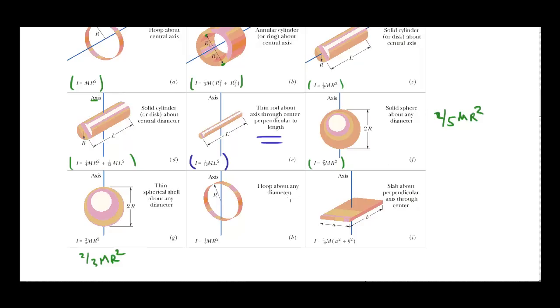The hoop here is the same hoop that we had before, but now we're rotating about this axis. And we get 1/2 m r squared. And then finally, this strange one, you have this slab. We're imagining a rectangular slab. One side is length a and the other side is length b. And we're rotating the slab, and you get 1/12 m times a squared plus b squared.